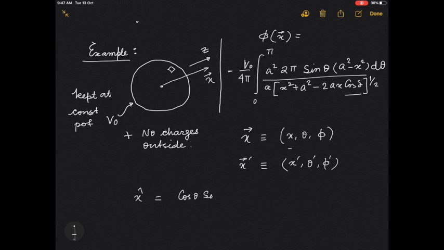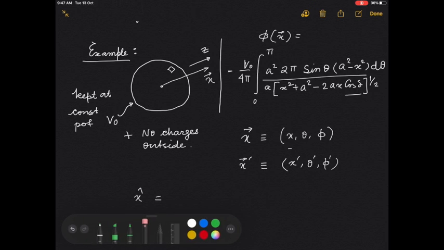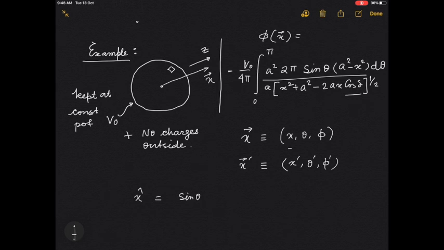If I do that, we will agree that x cap is nothing but sine theta cos phi i cap, plus sine theta sine phi j cap, plus cos theta k cap, where i cap is one of the horizontal axes.